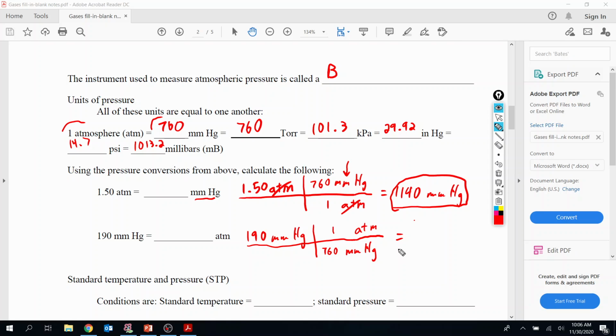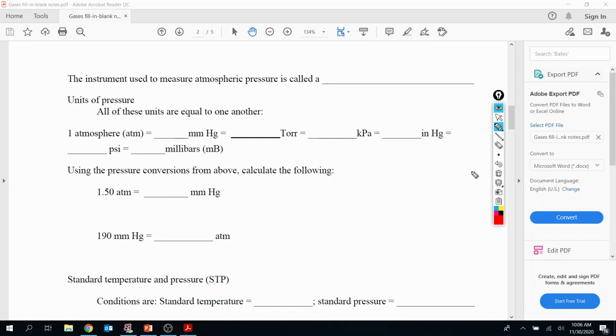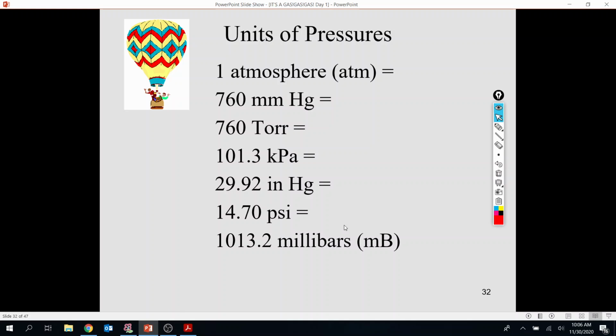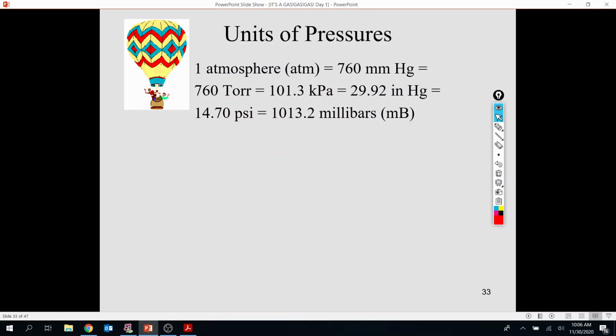All right, so let's clear the board there, and let's move back to our discussions in our PowerPoint. Okay. So we took a look at those. So units of pressure, and there we have it all written out in the form that we filled in our notes.